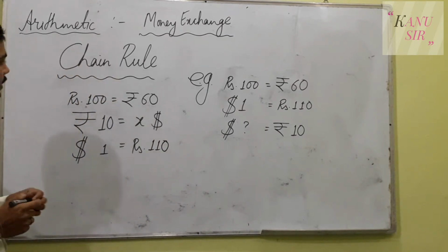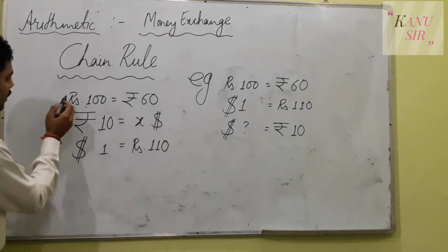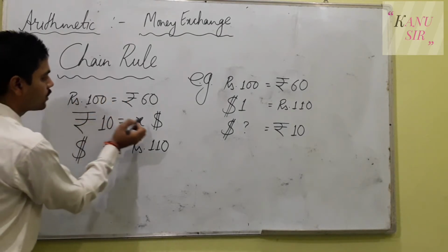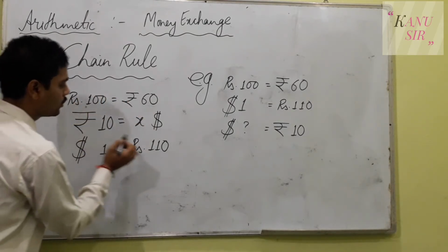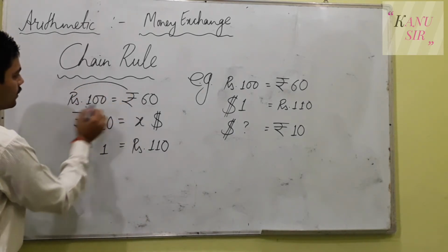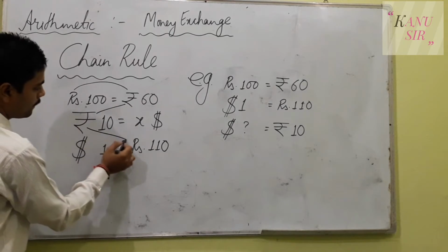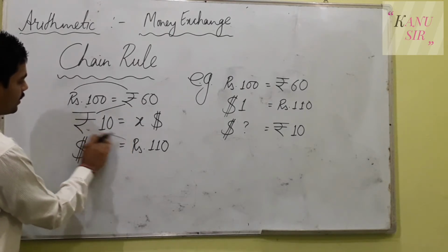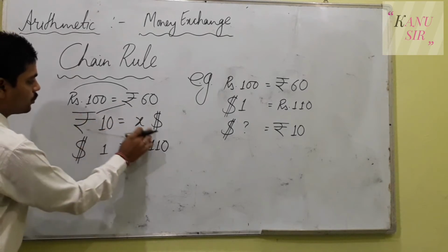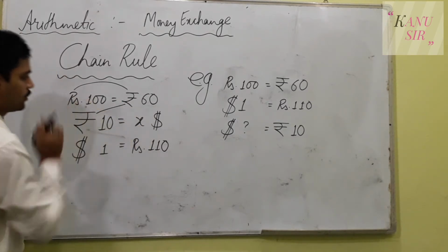So here is the chain: Nepalese rupees to Indian rupees, Indian rupees to dollar, dollar to Nepalese rupees, and again back to the rupees.